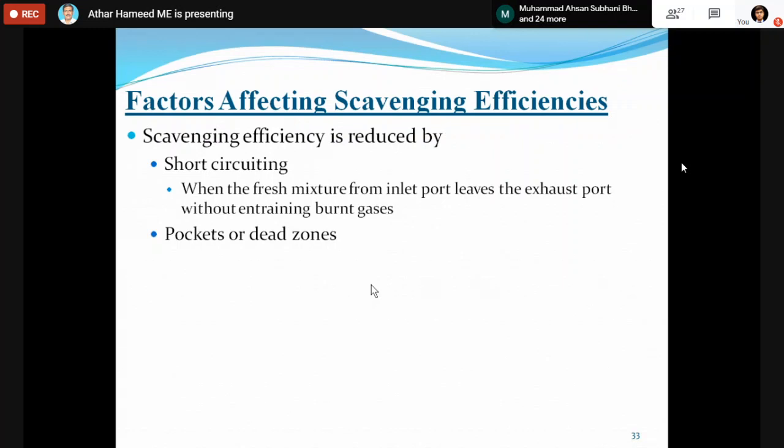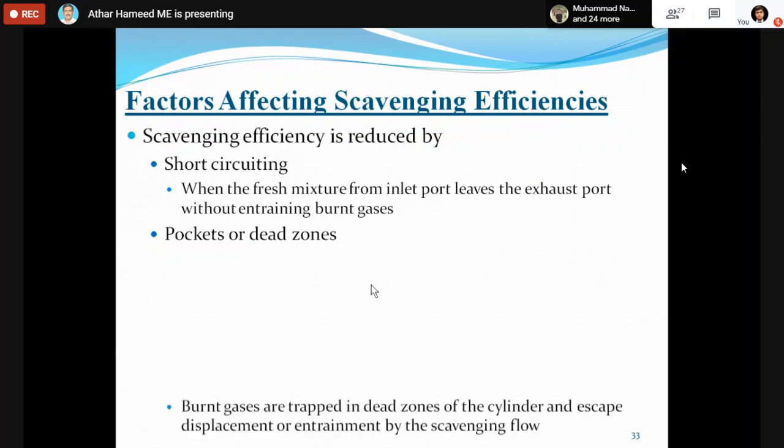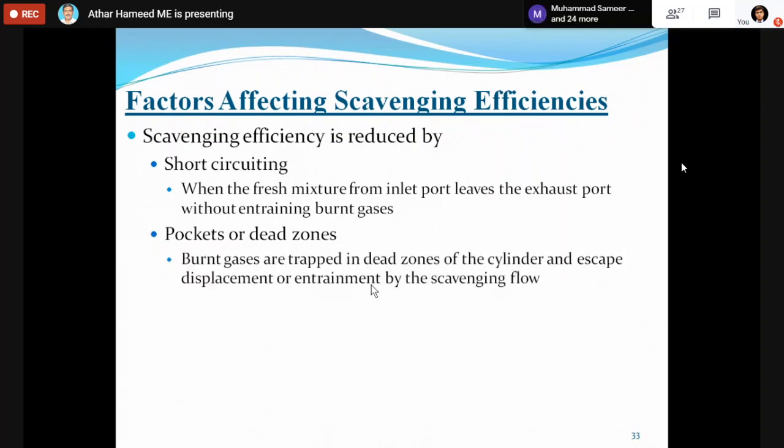Obviously this will be a problem in big cylinders, where some mass is trapped and we cannot scavenge it perfectly. So pockets or dead zones are there when burnt gases are trapped in that zone of the cylinder and escape displacement or entrainment by the scavenging flow.